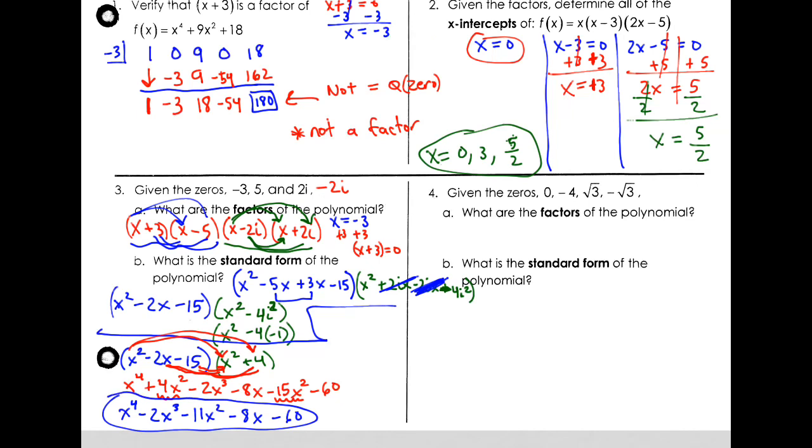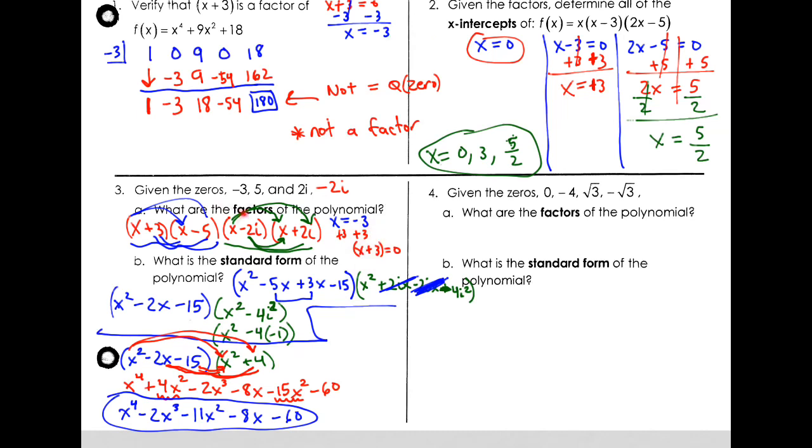So just as a recap, you were provided with zeros negative 3, 5, and 2i. We said that when you're dealing with imaginary numbers and radicals, they're always going to come in pairs. So that was a positive 2i. That also means we're going to have a negative 2i. It asks us our factors. I gave you the example there. If you need to hear that again, go back and watch it.